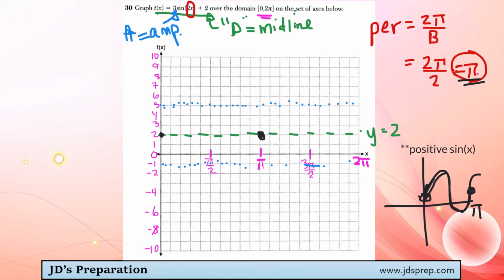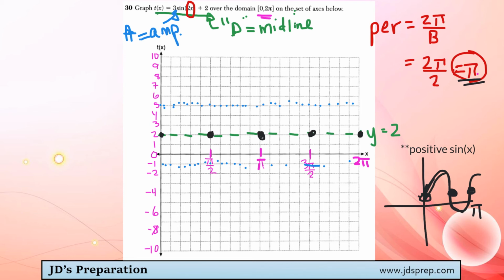And then similarly, if I add another pi to that, so 2 pi, it's going to intersect the midline right there. The next piece of information we can figure out is half of the period. So half the period will again be where the midline is, and it's going to be half of pi. So pi over 2 and 2, I know that's going to be on the midline. And then similarly at 3 pi over 2, the same thing is going to happen.